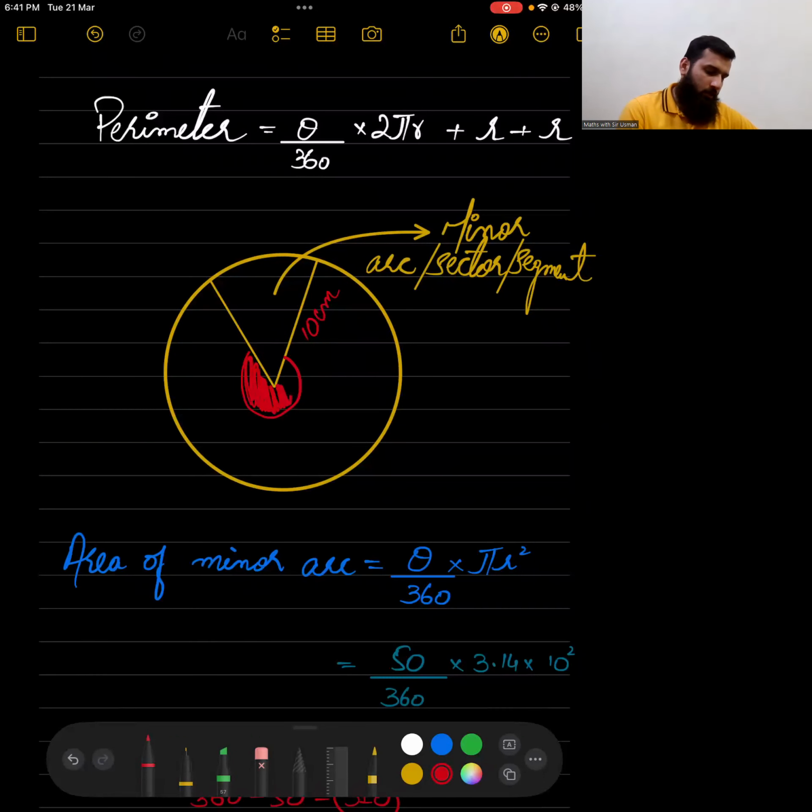So the major arc is the one having the greater angle, while the minor arc is the one having the smaller angle. That's the logic. The formula and the radius are going to be exactly the same. So you just need to make a difference with the angle and you'll get your answer for either the minor or the major arc. I hope this is perfectly clear.